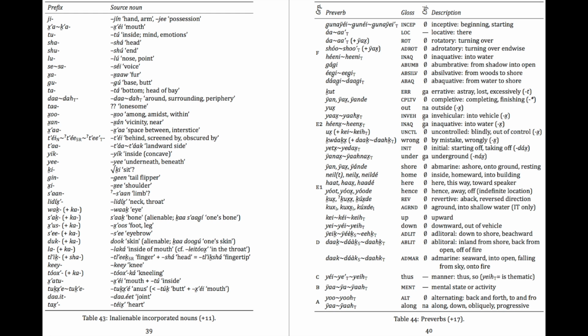So if we yuch, so rotary, turning over, it's talking about some kind of motion that's going on. Shuyach or shuyach. Adjudatory, turning over endwise. So it's turning over, but it's specifying how it's happening, like end over end is what's going on there.